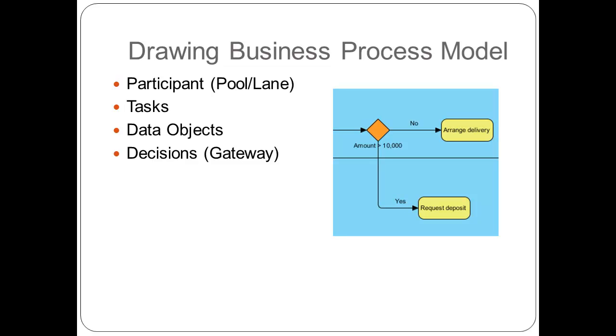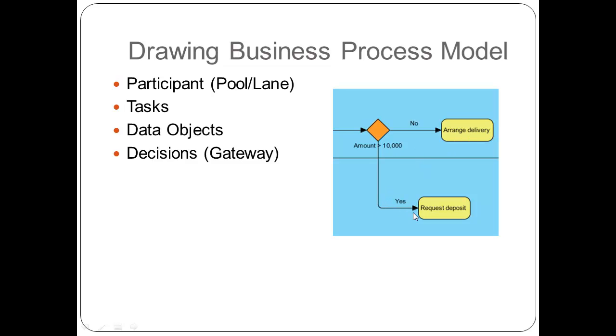In a business process model, we also have the decisions, the gateway. You can use the gateway to model the decision in your process. For example, is the amount greater than 10,000? If no, then we will go to arrange delivery.